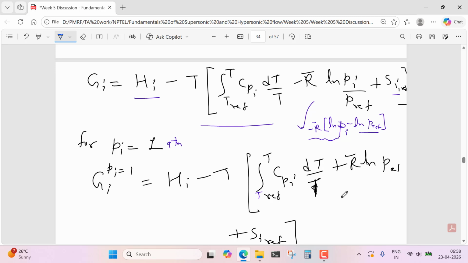Oh sorry, one mistake. We are putting the value of Pi equal to 1, not P reference equal to 1. So this term will be 0 and minus minus will become plus. We get integration T reference to T Cpi dT upon T plus R bar log P reference plus si reference.